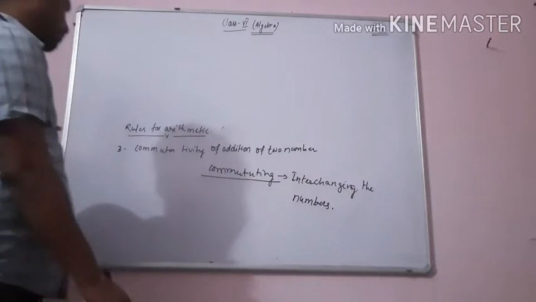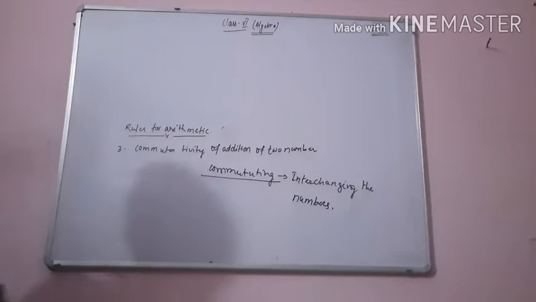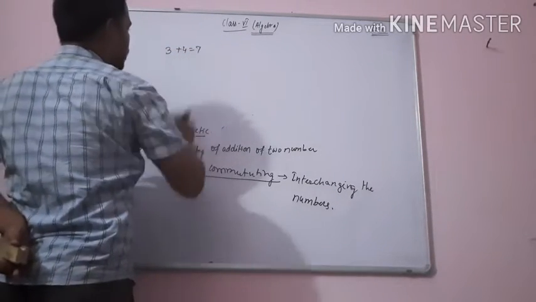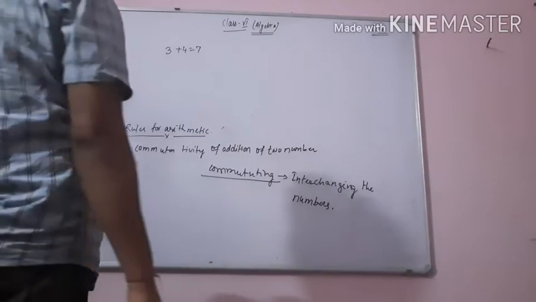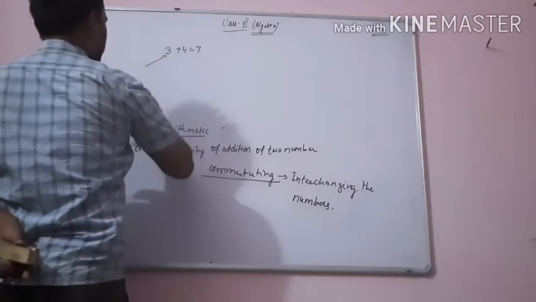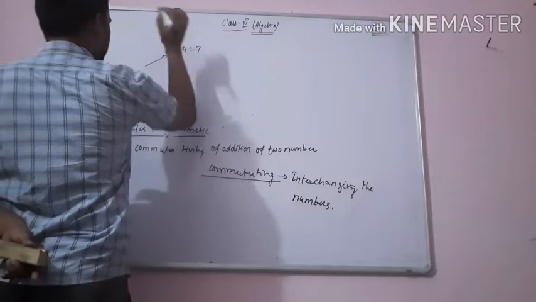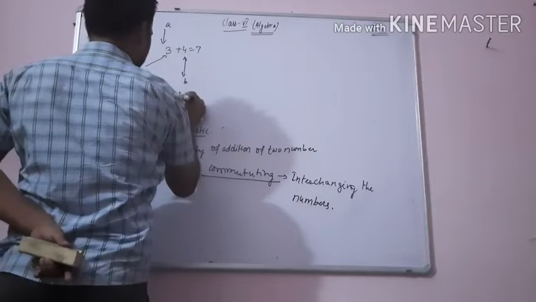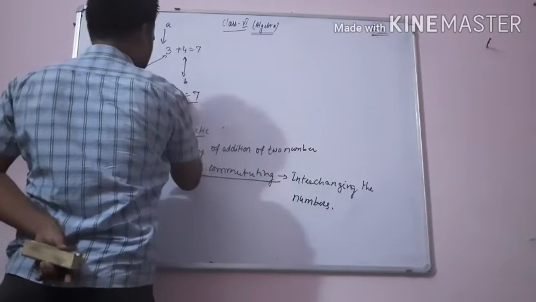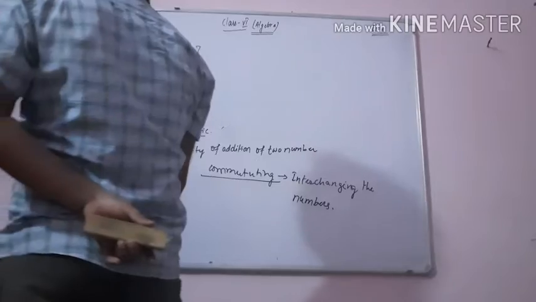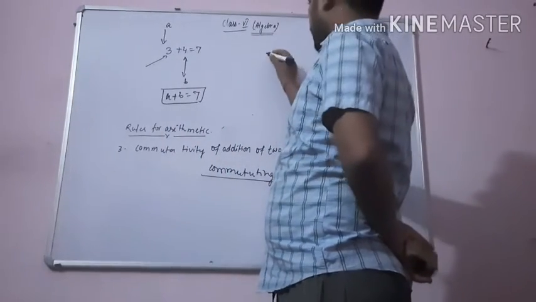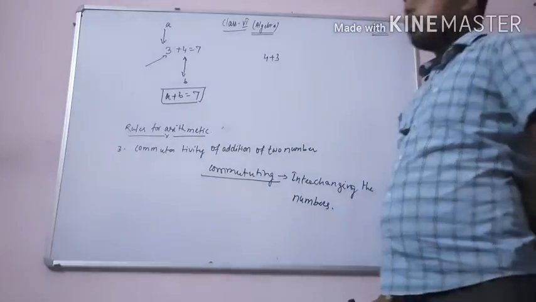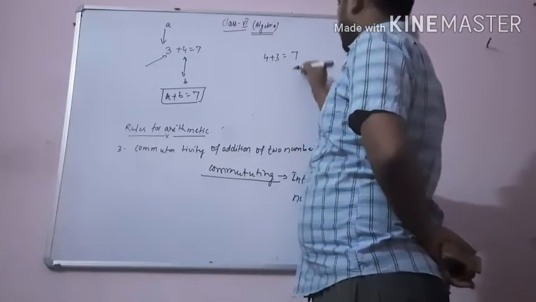Now listen here. Suppose I have taken 3 plus 4, that is 7. Suppose I have taken 3 as A and 4 as B. So A plus B equals 7. Now suppose I take 4 plus 3. This will also give the same 7.